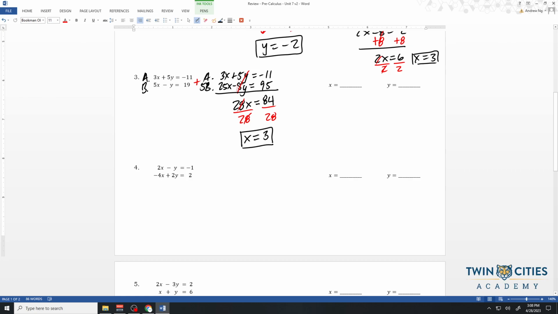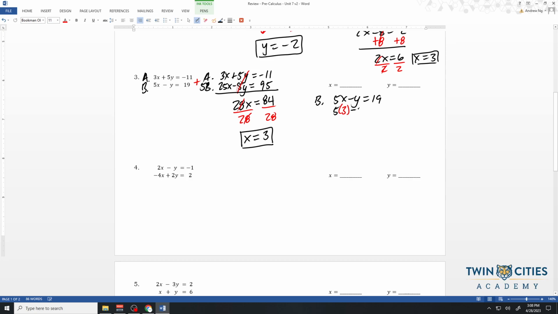Then go ahead and take this and plug it into one of your equations. I think B would be easier. So I'll have 5x minus y is equal to 19. X is 3, so this will be 5 times 3.